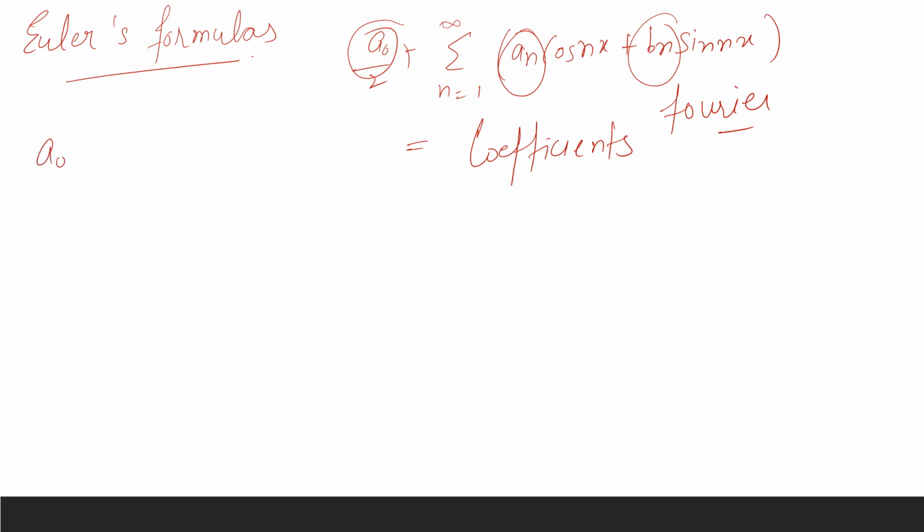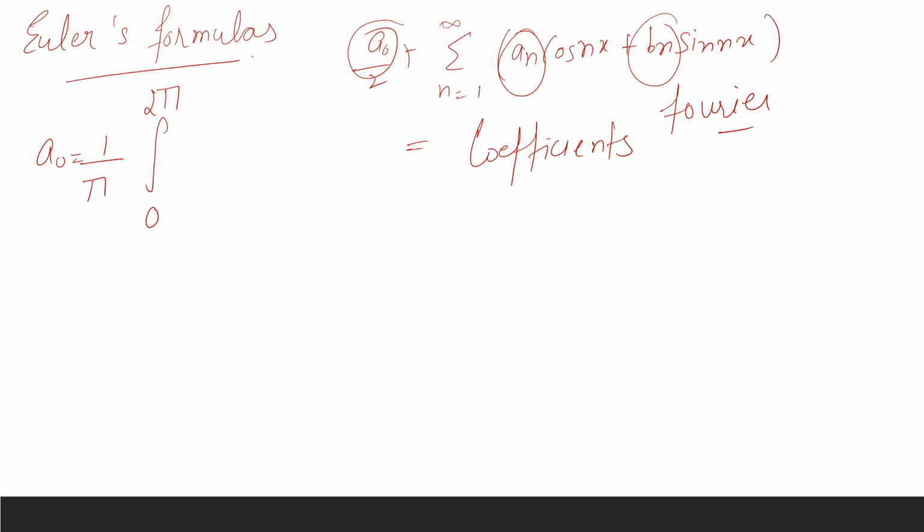First Euler formula, a naught. A naught is equal to 1 upon pi integral from 0 to 2 pi. It depends upon the limit. If the limit is 0 to 2 pi or minus pi to pi, that totally depends upon the limit given to you.